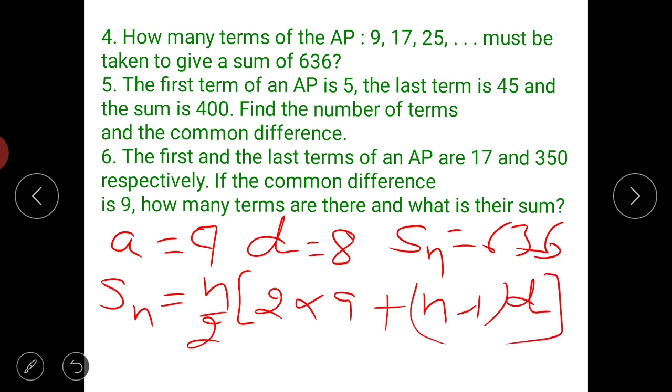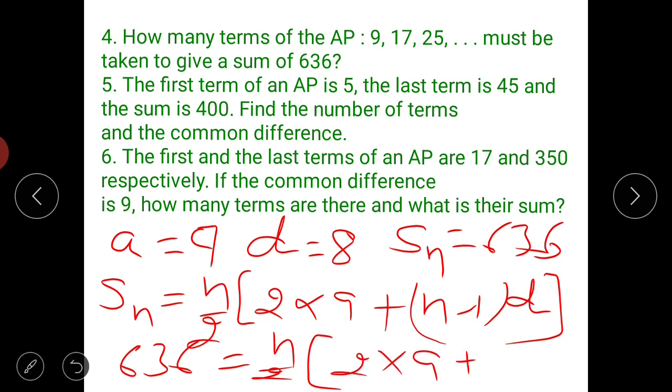Yes or no? Got it or not? So you can write here 636 is equal to n by 2 into 2 into 9 plus n minus 1 into d, which is 8. Got it or not? Yes. You can take out 2 as a common.